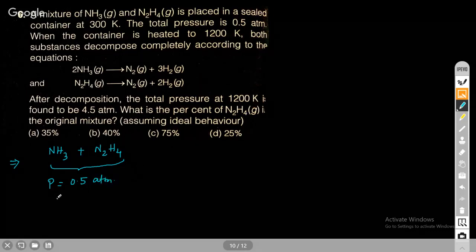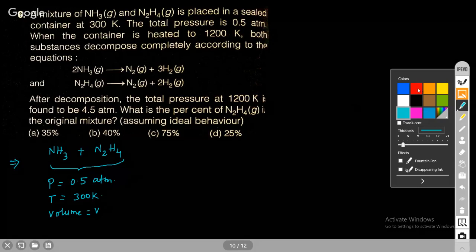Temperature is also given, 300 Kelvin. Volume we do not know, so we'll assume the volume as V. Now in this mixture, it is not given how many moles of NH3 and N2H4 we have.